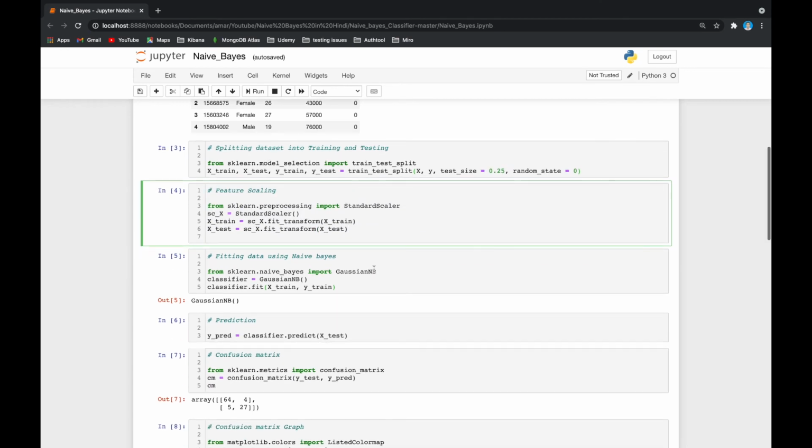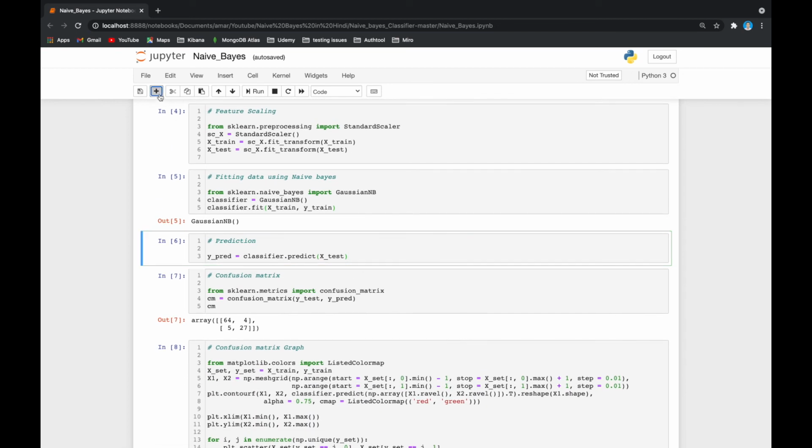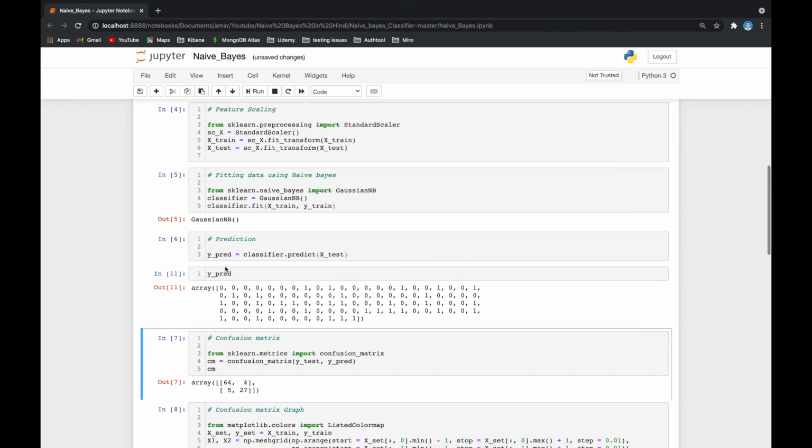Then from sklearn I have imported naive Bayes and created one instance, and after that I have fitted my training part, x_train and y_train, in order to learn. Then afterwards I've done prediction. Let us see what we got. y_pred gives ones and zeros, based on my x_test values.